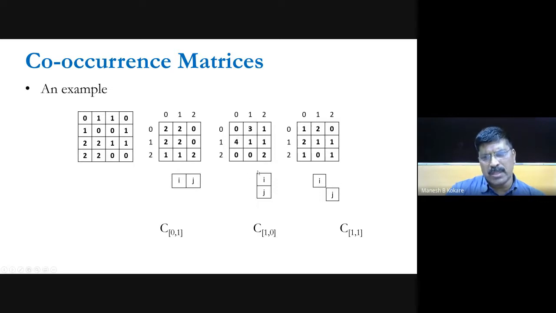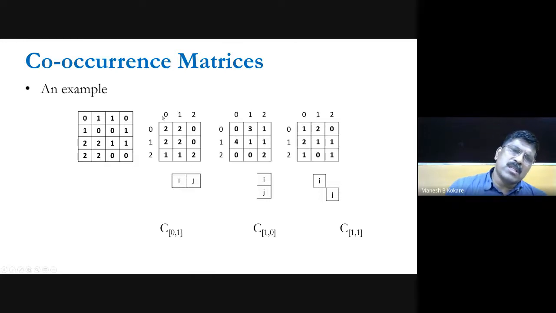Whereas if you go in this direction, the column will remain the same whereas the row will change: this is the first row, this is the second row. Here the row will remain the same, but the column will change, from the first column to the second column.